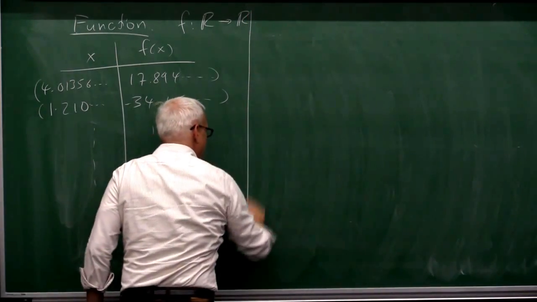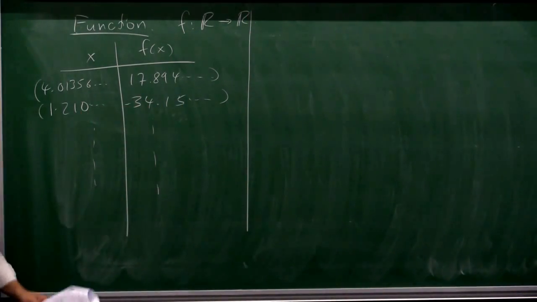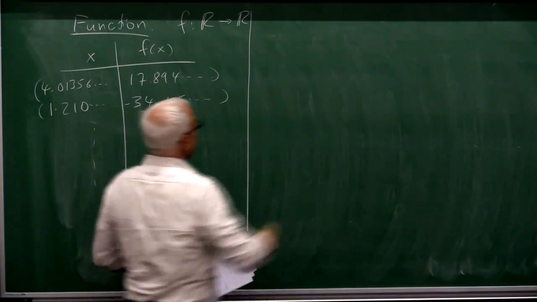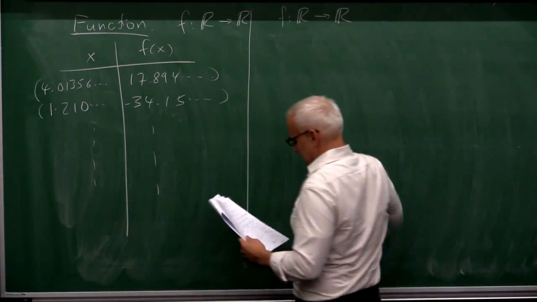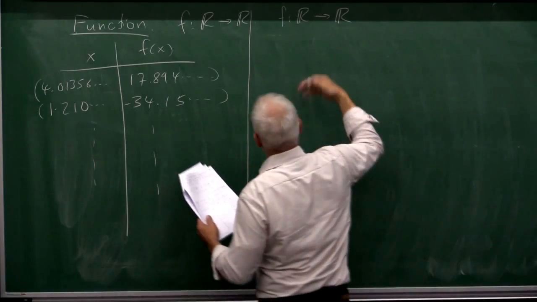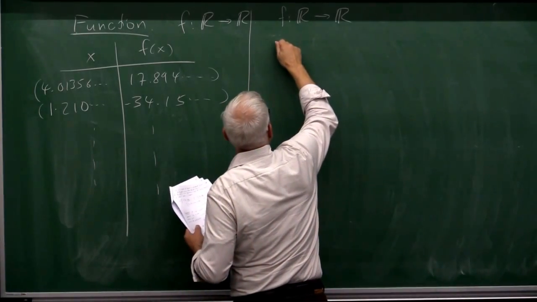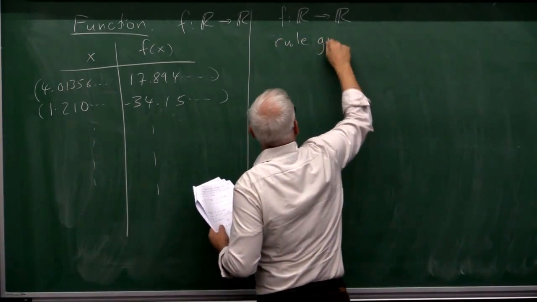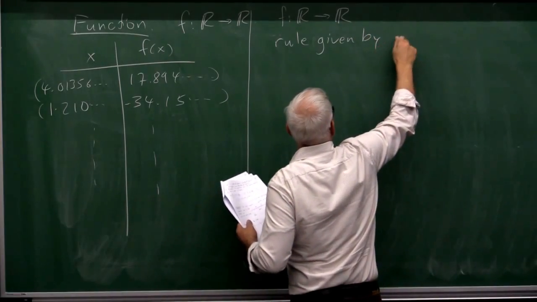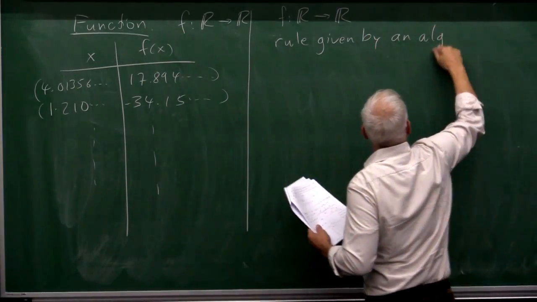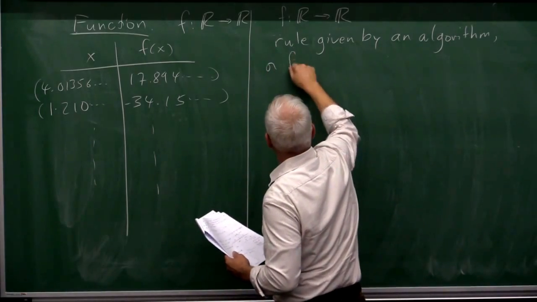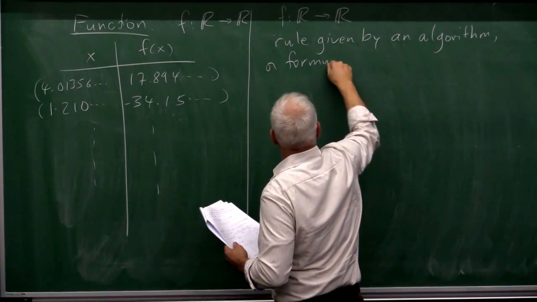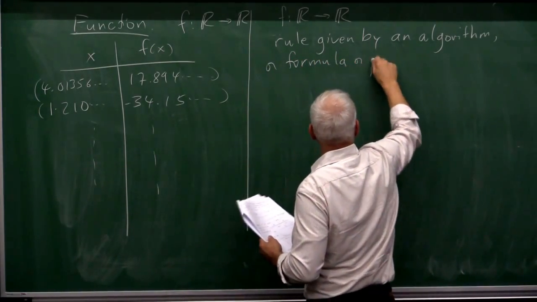In contrast with that definition, there's another definition which is quite different, which ended up playing an important role. There's another way of thinking about what a function is, that it's basically a rule given by an algorithm, or maybe a formula, or program.